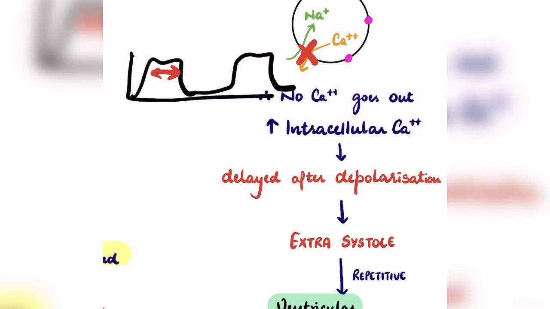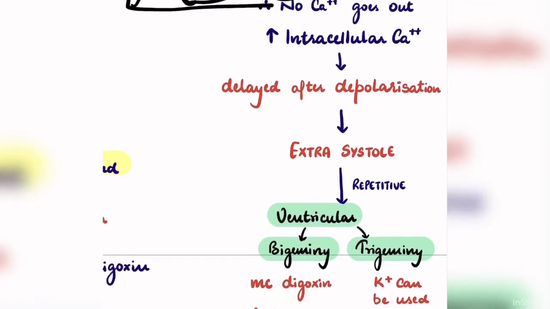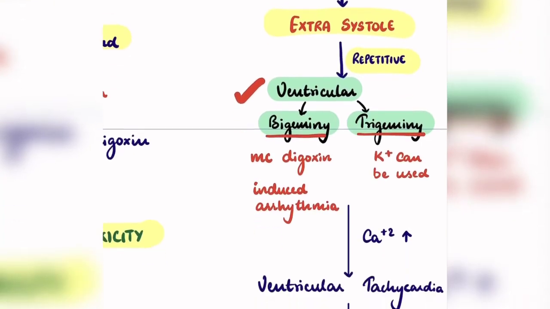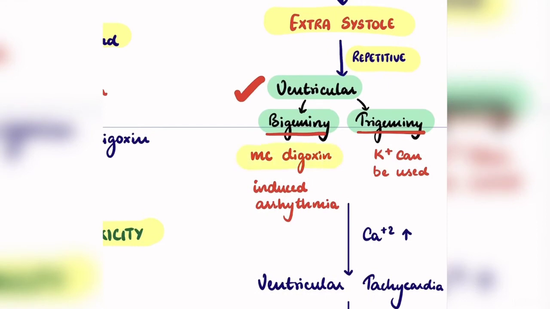Now what we are doing is the calcium is increasing inside the cell. There will be another depolarization and that will be called an extrasystole. Now this extrasystole, if it's repetitive, will cause arrhythmia. That will be ventricular bigeminy or trigeminy. This is a very important point because ventricular bigeminy is the most common digoxin induced arrhythmia.